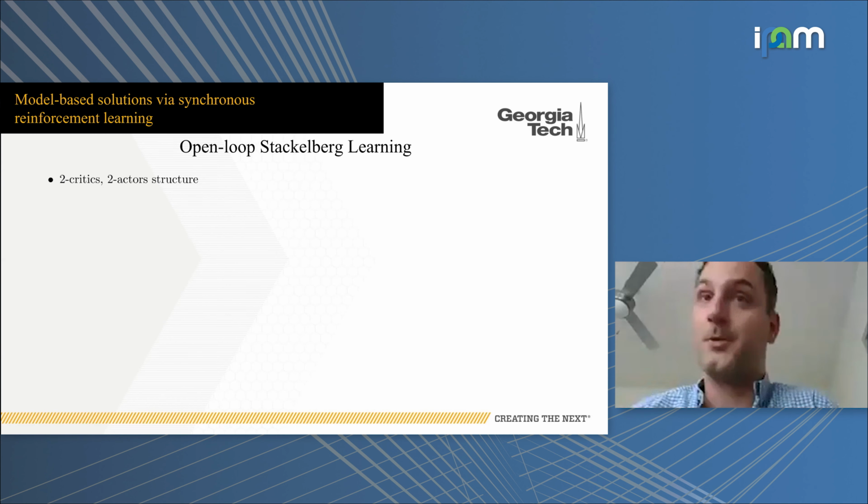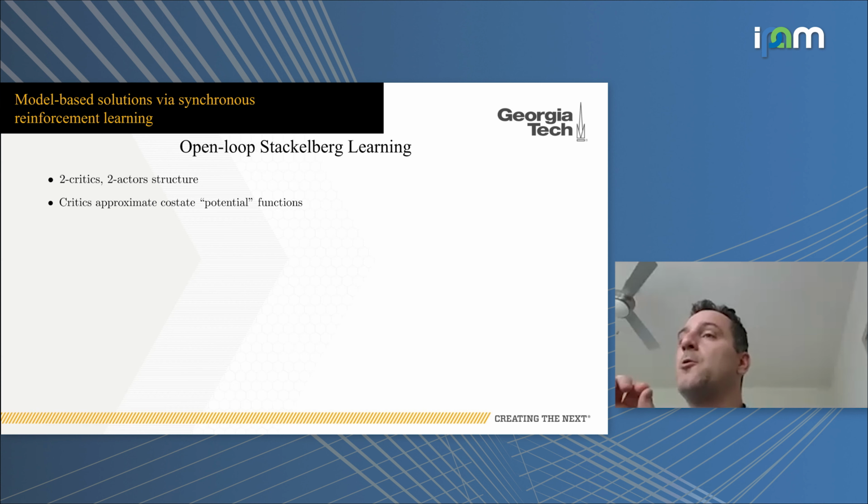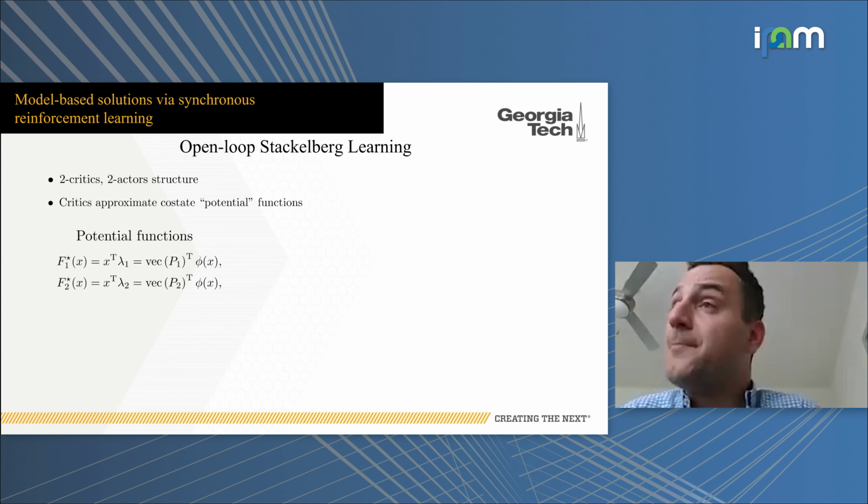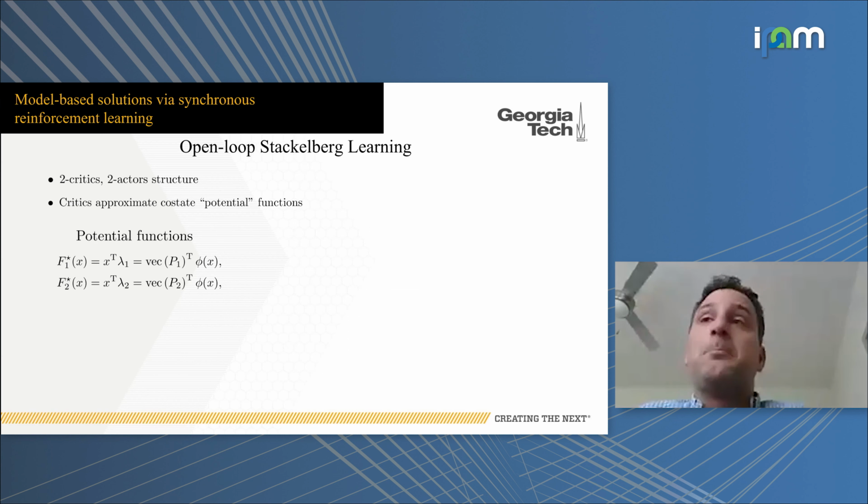The tricky part is that I won't employ costs, but something that seems like a potential function. Lambda 1 and lambda 2 here are the Lagrange multipliers that connect my two players into my performances or my Hamiltonians.